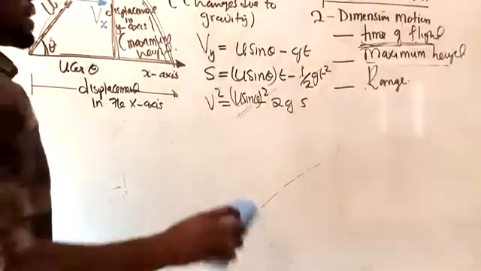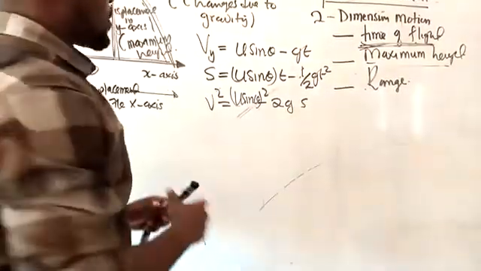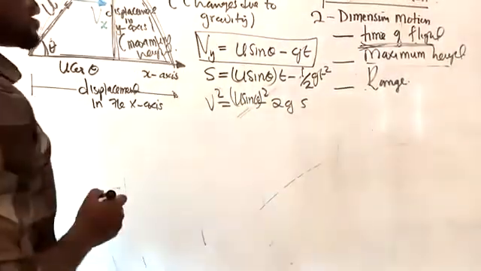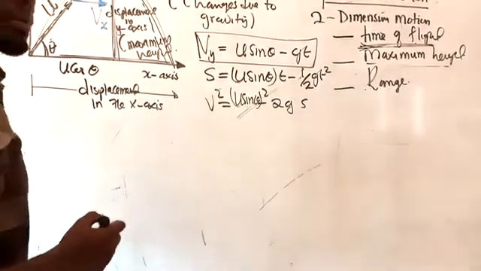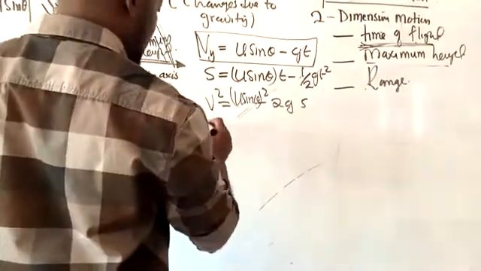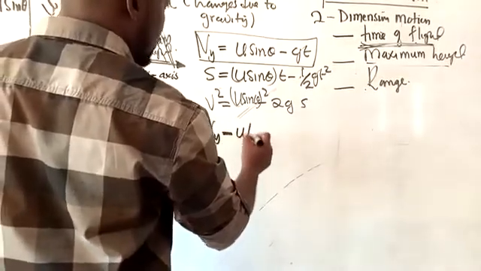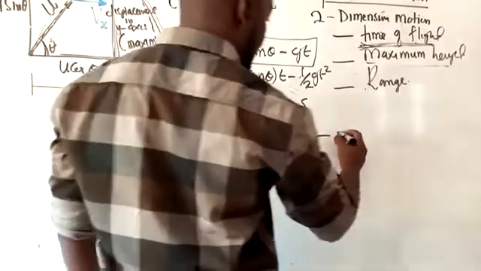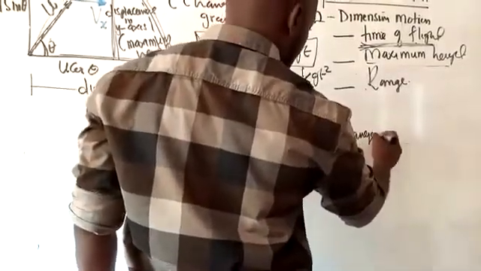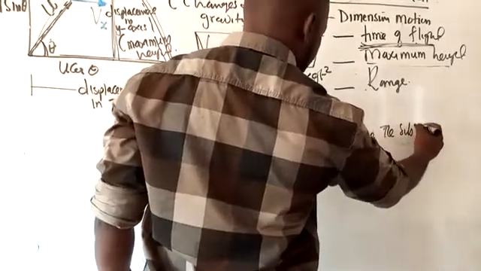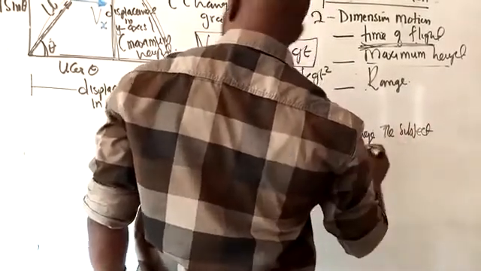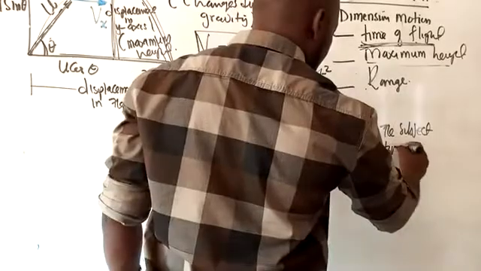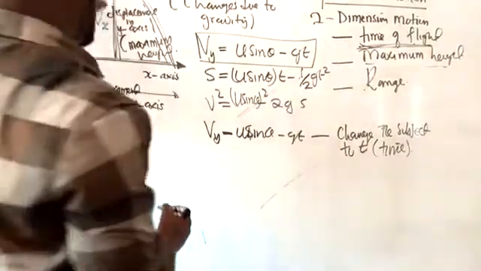Okay, that has to be squared. So out of the first equation for the time of flight, we can make t the subject of the formula, then multiply it by 2. In this case, we have Vy = u sine theta − gt. Change the subject to t, which is time, in the brackets, time which is half just the journey.